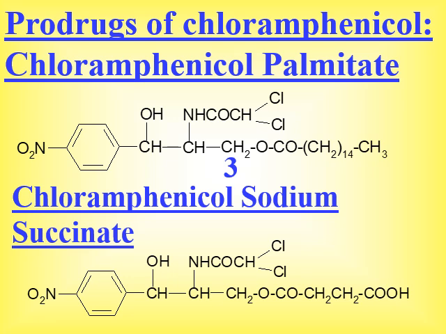Yes, we have two prodrugs for chloramphenicol: chloramphenicol palmitate, and the other one is chloramphenicol sodium succinate. Chloramphenicol palmitate, why do we prepare it? Because chloramphenicol has a very bitter taste, so we cannot give it to pediatrics.